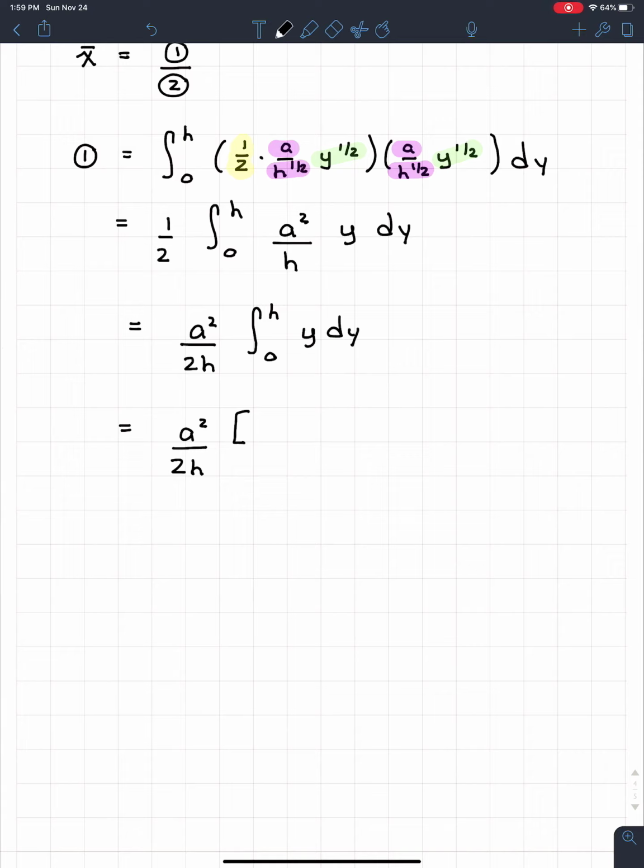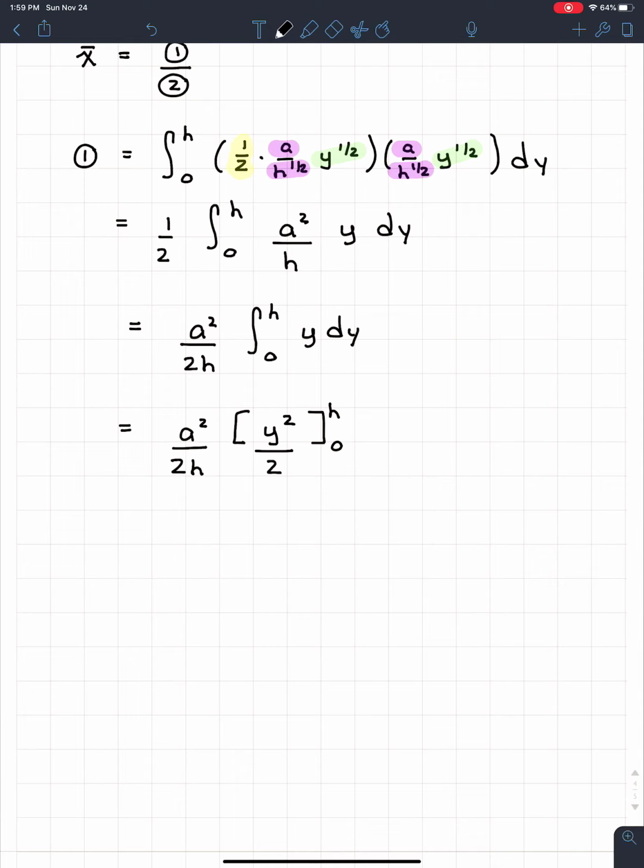So right now, we have a y, and the exponent on the y is 1, y to the 1. So we're going to increase that by 1. So y to the 1 changes into y to the 2, so y squared. And then we're going to divide everything by the new exponent. The new exponent is 2, so we take everything and divide it by 2, just like that. And we're going to evaluate this integral from 0 to h.